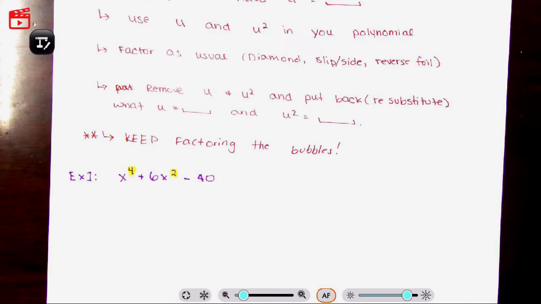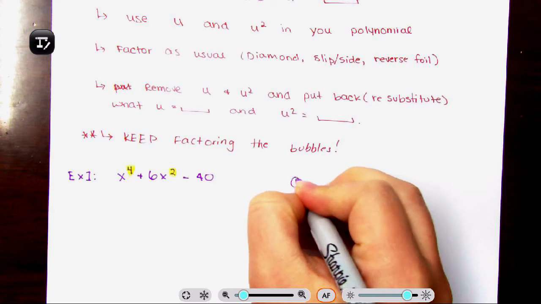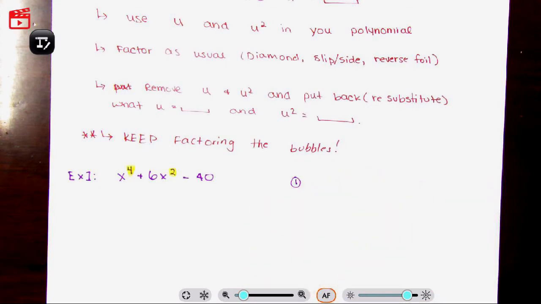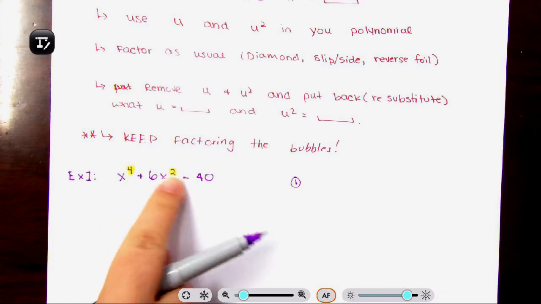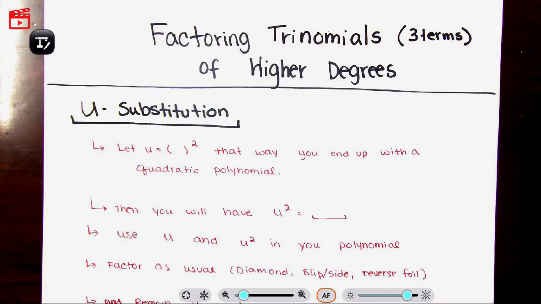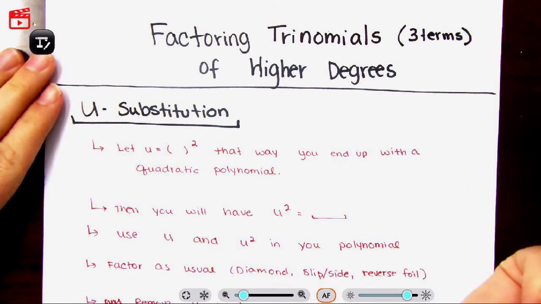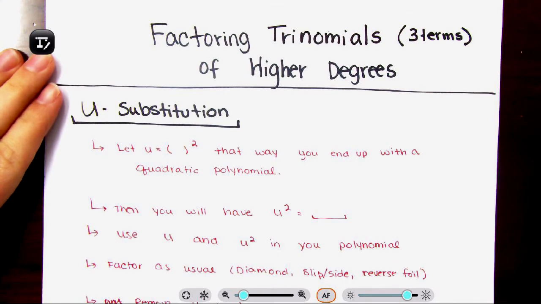So step number 1, what you're going to do is let, let's back up a little bit. This works when you have the exponents being double each other. Let's back up, because I never told you when we can use this.